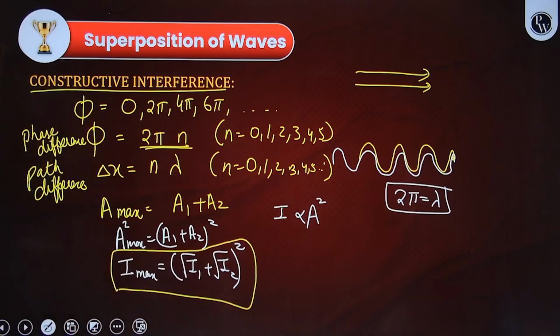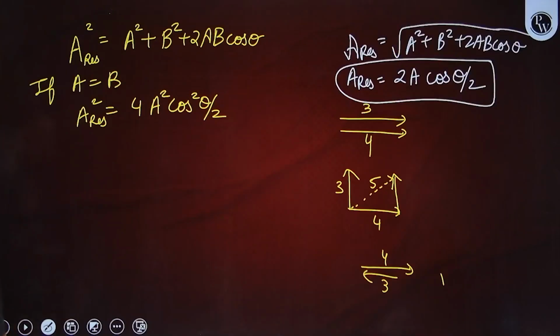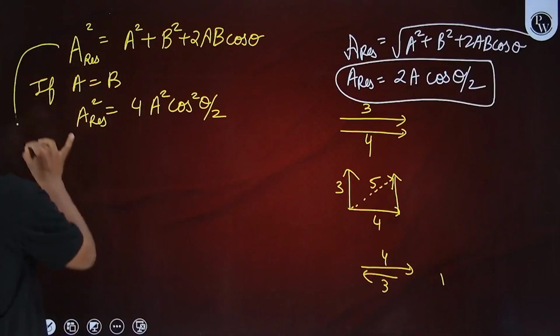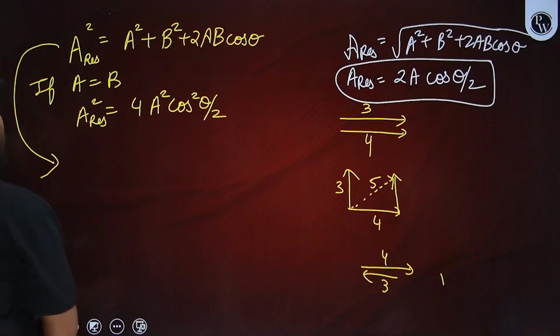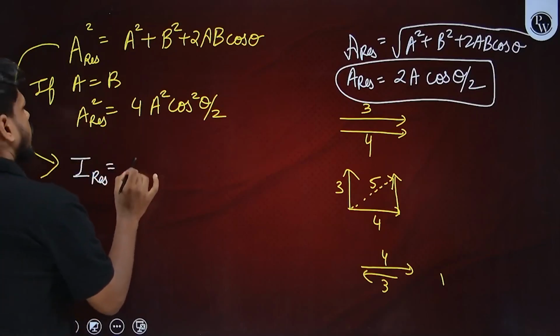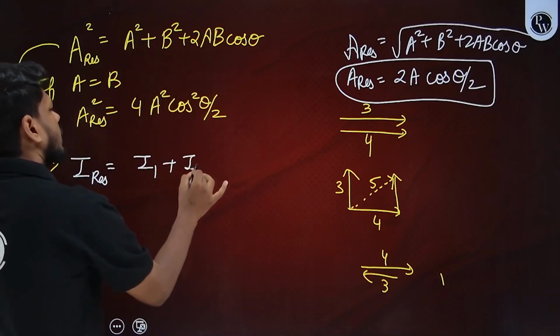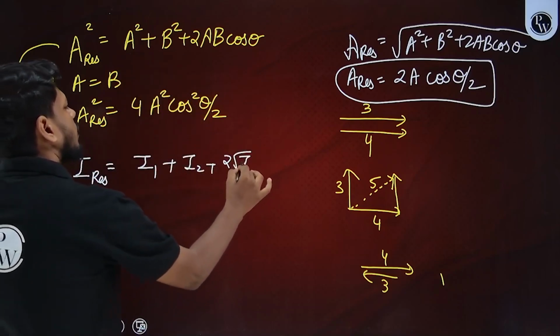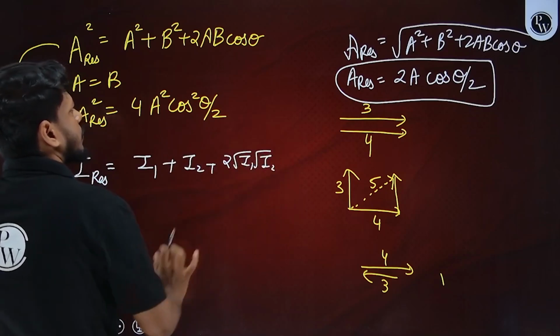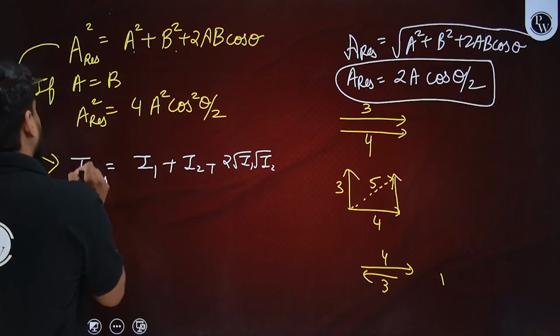Any difficulty? So even you can write the maximum intensity formula over here itself. From this equation I can write I resultant is equal to I1 plus I2 plus 2 root of I1 root of I2. I have taken this as A1, this as A2. So let me write it over here.